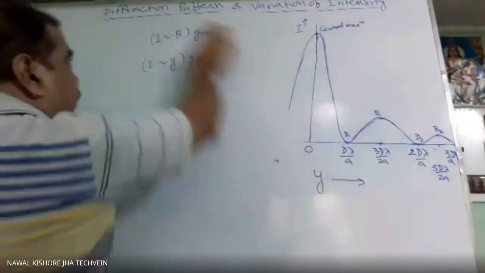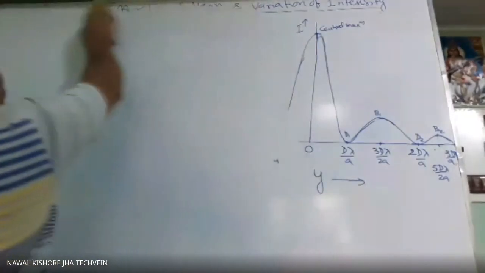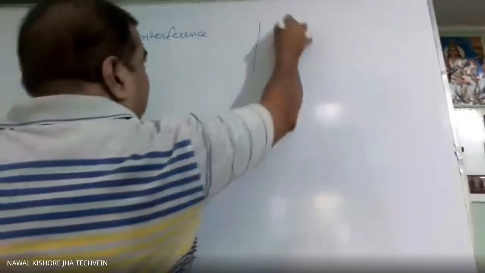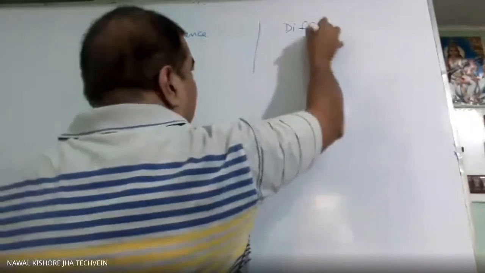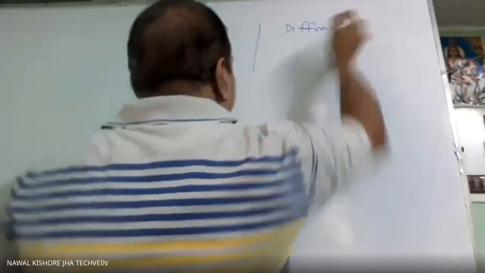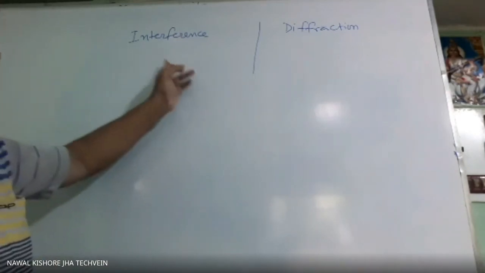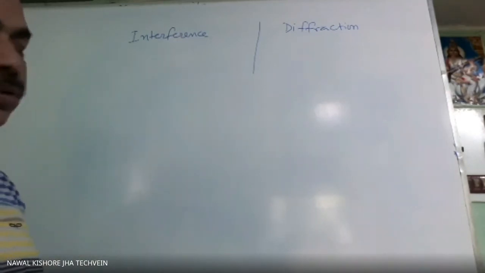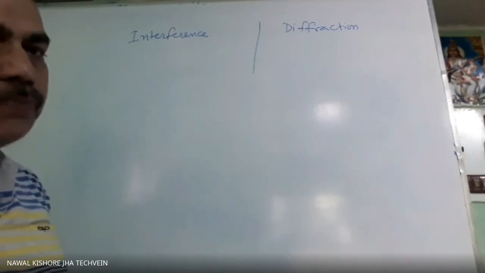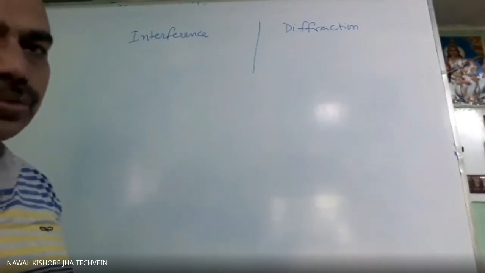Now the difference between interference and diffraction. What happens in case of interference? In interference, there is superposition of two waves coming from two different coherent sources.